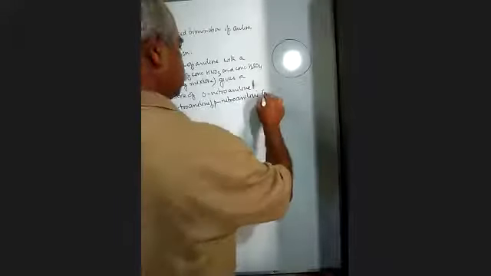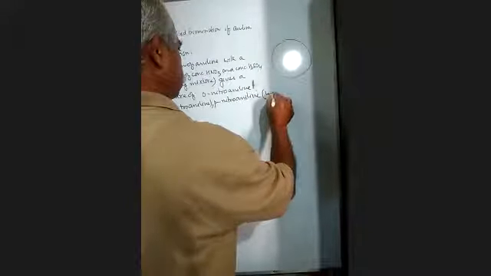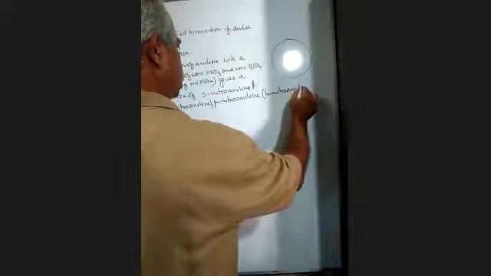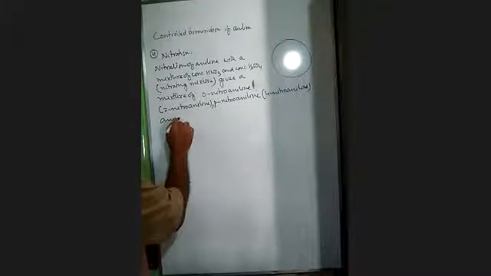What do you call it? 4-nitro aniline. And meta is not supposed to form, only in nitration it forms.